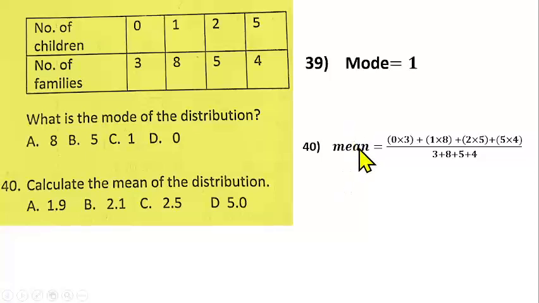So the mean is 0 times 3 plus 1 times 8 plus 2 times 5 plus 5 times 4, divided by the summation of the frequency, 8 plus 3 plus 8 plus 5 plus 4. Simplify that: 0 plus 8 plus 10 plus 20 over 20. We have 30 over 20, which gives us 1.5, which is option A.